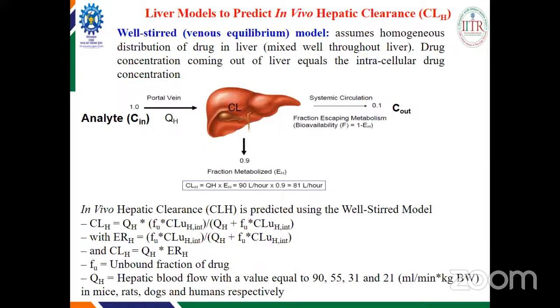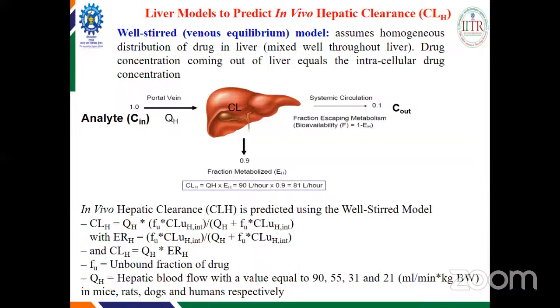Remember that clearance and the hepatic blood flow of that particular organ will help you calculate the extraction ratio. Why? Because what could be the maximum capacity of any given organ to metabolize a compound? That will be the availability of a molecule, and that will depend on the blood flow. Let's say my blood flow is 10 mL per kg, and my compound clearance is at the same rate.